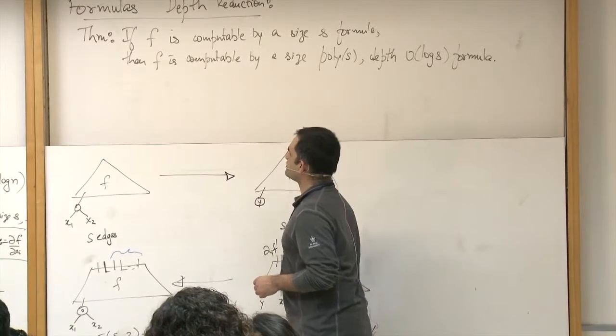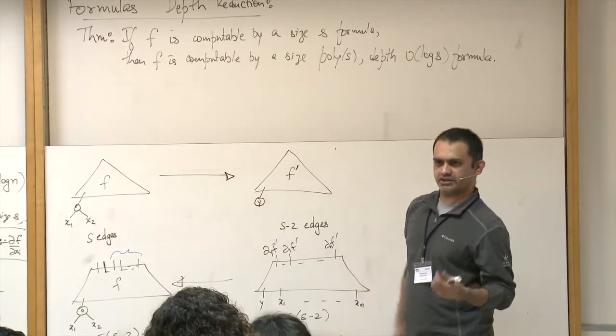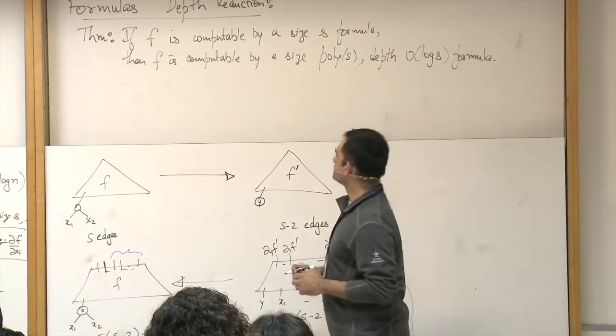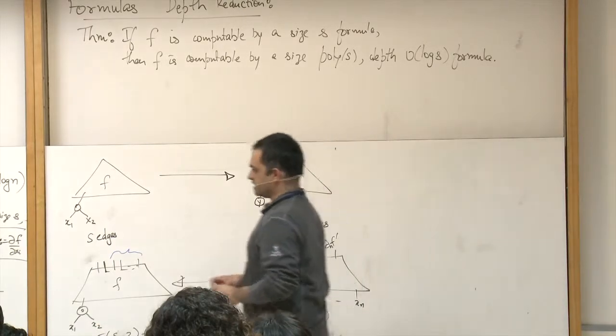This is sometimes called Spira's lemma, or it's attributed to Brent. The proof is neat.